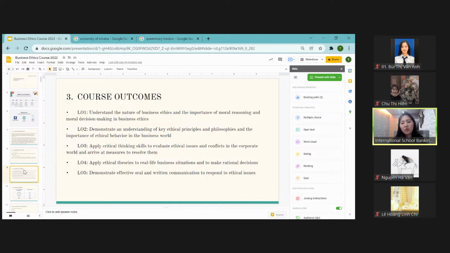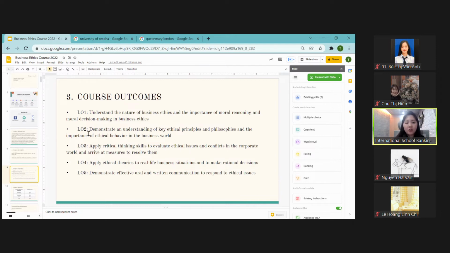So you will be able to identify ethical situations in your life. You will know what is an ethical decision, what is a dilemma in your life, yeah, and how you can come up with moral reasoning in order to support your decision in the most ethical way.